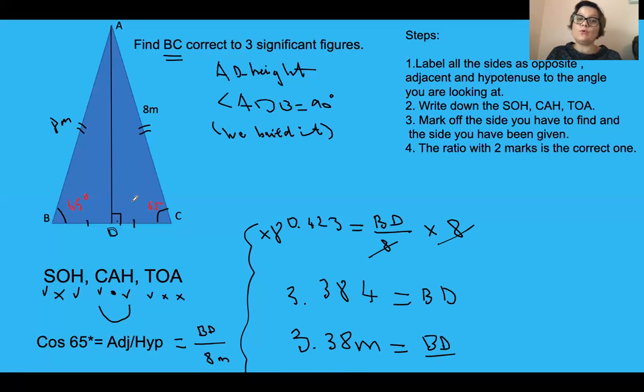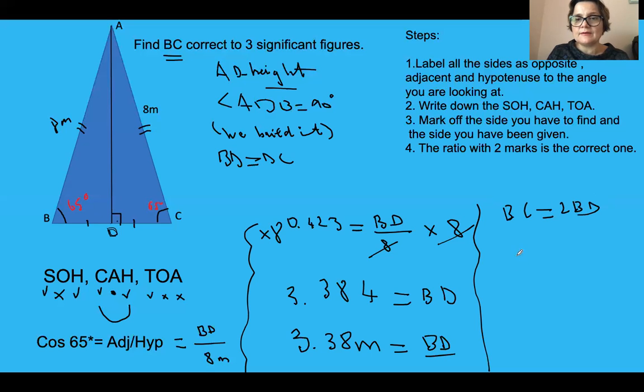Actually, the question wants us to find the whole side BC. Because AD is a height, that means BD equals DC. That means BC equals 2BD. So we multiply our answer by 2, which gives 6.768.